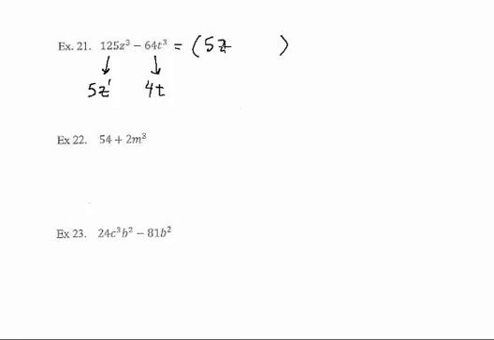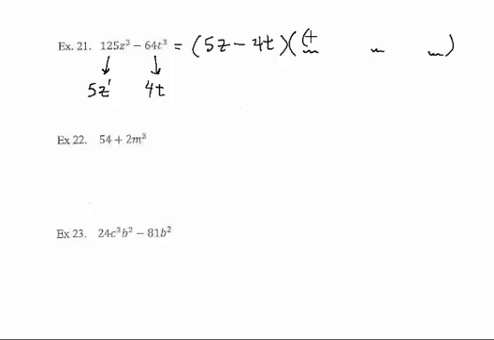5z, 4t. This has a minus between the two perfect cubes, so we put a minus between these first two terms. Off to the side, we write out our trinomial. One, two, three terms.